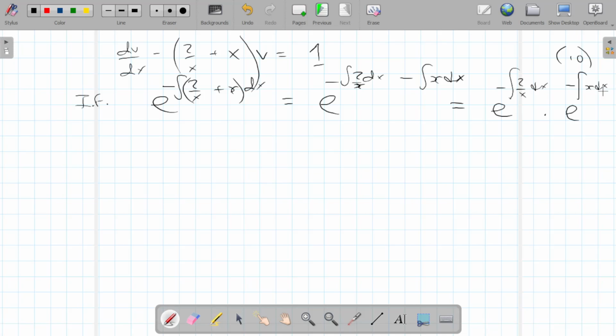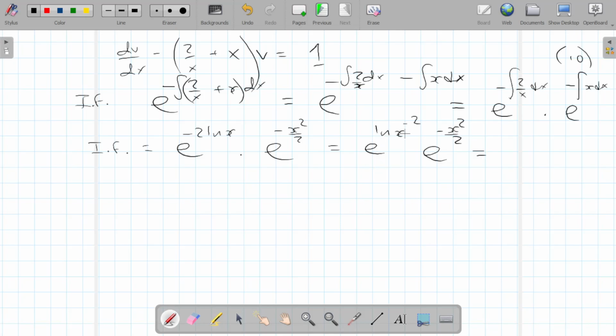So now we can deal with these separately. So what we've got is the integrating factor is equal to e to the minus 2 log x times e to the minus x squared over 2. That is not at all clear. Let's just rub it all out. There we are. So this simplifies further to give e to the log of x to the minus 2 times e to the minus x squared over 2.